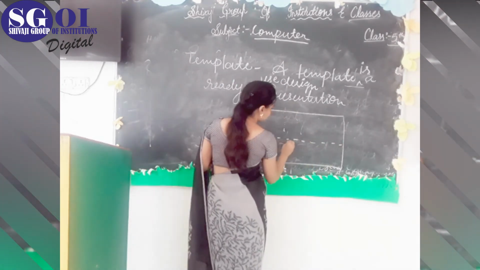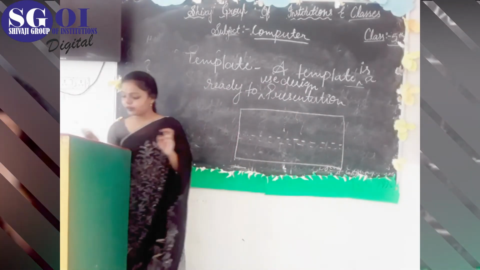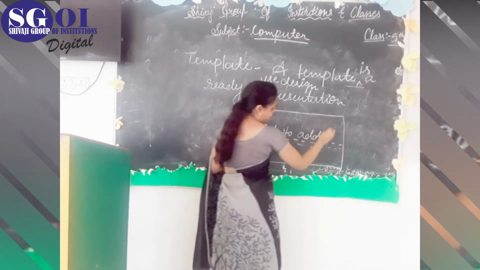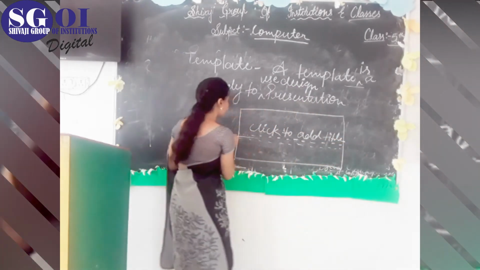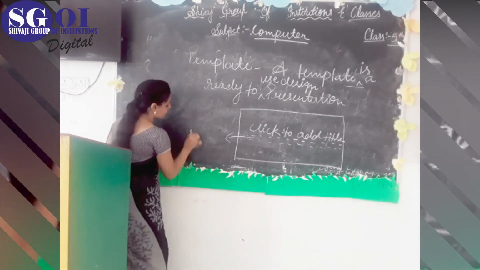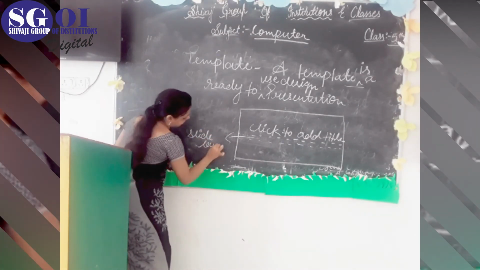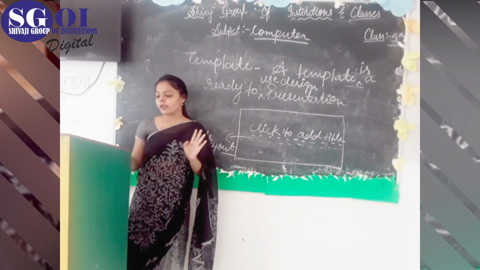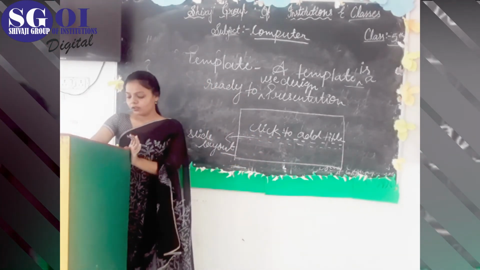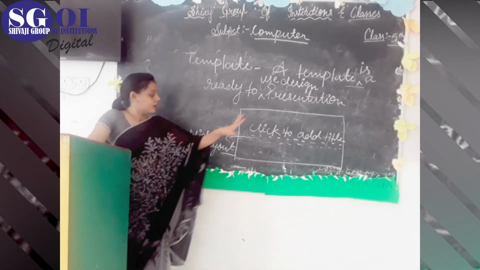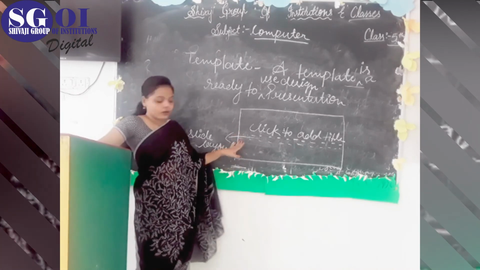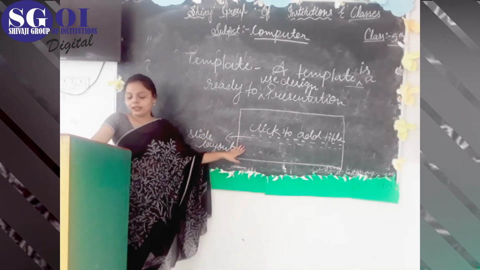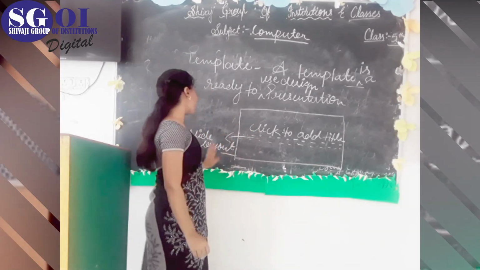A placeholder is a box with dotted borders in a slide where text and pictures can be placed. This is a part of the slide layout.